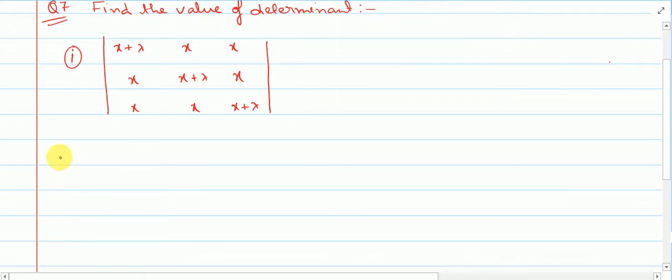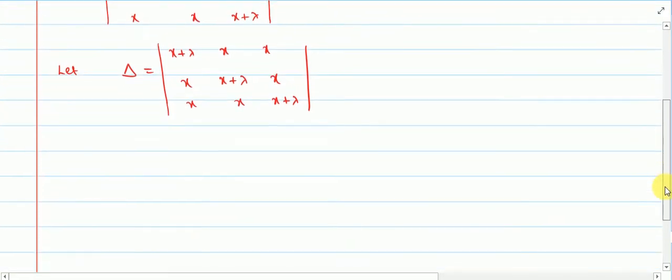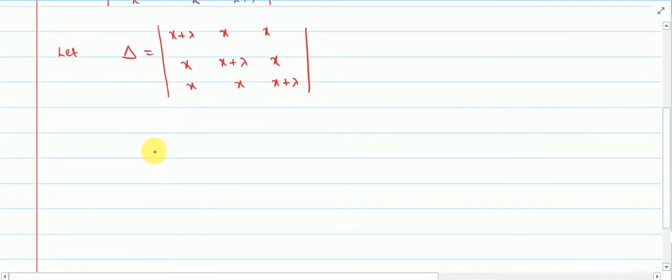So we write let delta equal to this, x plus lambda. So here we have to use property of determinants.